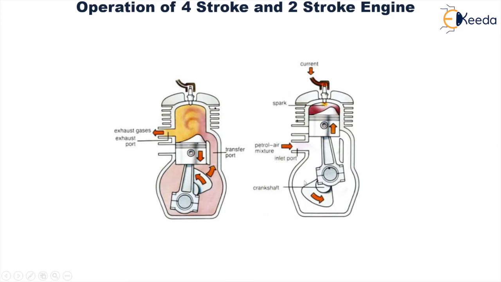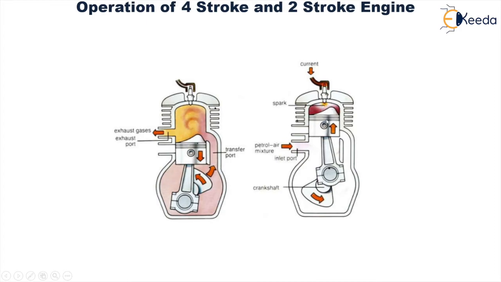When this piston starts to move in a downward direction, this inlet port gets covered and the pressure on this charge increases. When the pressure on this charge increases, it goes through this transfer port, and it comes up into the combustion chamber.